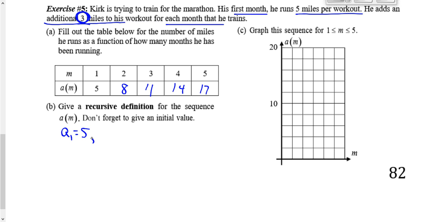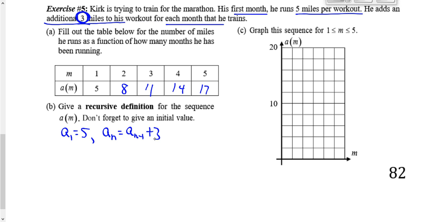Now I want to give a rule to find each term after. If I'm talking about the nth term, how do I talk about the previous term? N minus 1. A sub n minus 1, and what do we do to that term, whatever it is? Add 3.